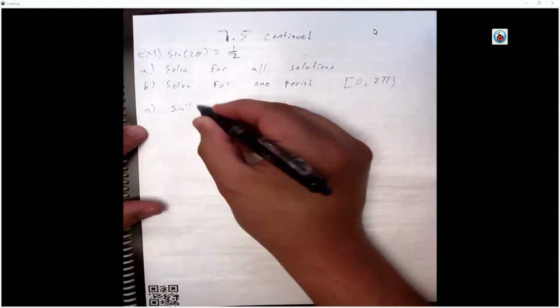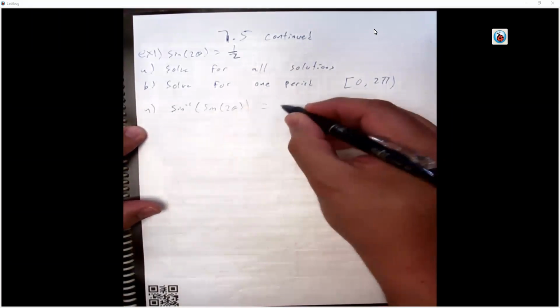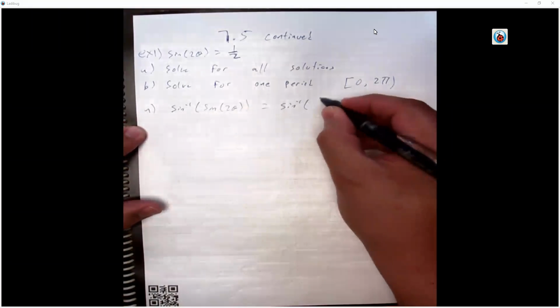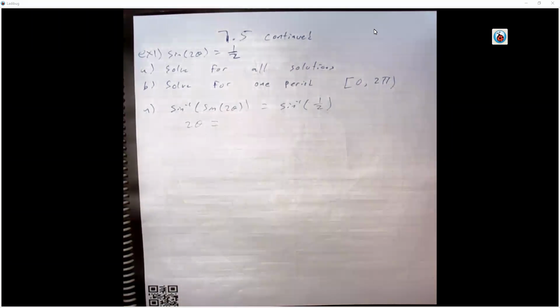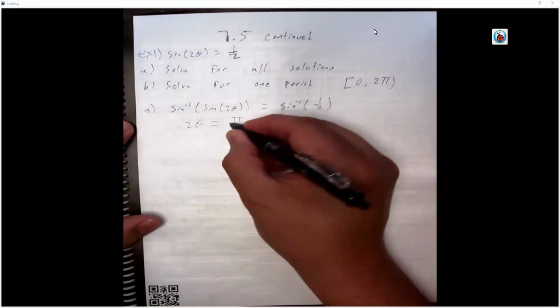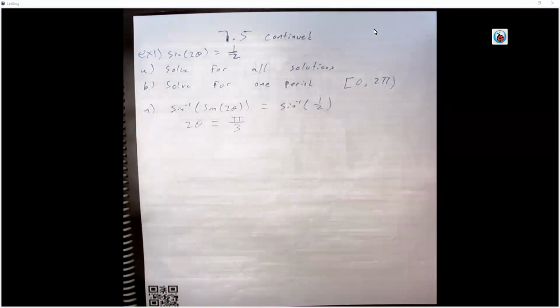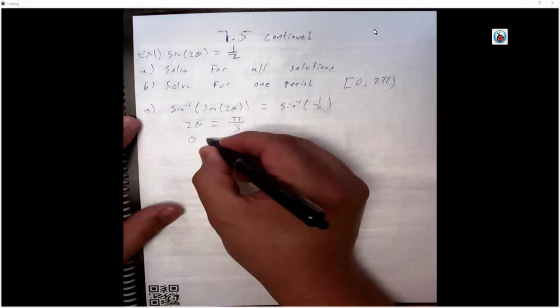All right, so if I do sine inverse of both sides, this is the actual work. I'm going to get 2 theta equal to sine inverse of 1/2, which would be what? Pi over 3, right? Divide by 2 on both sides.